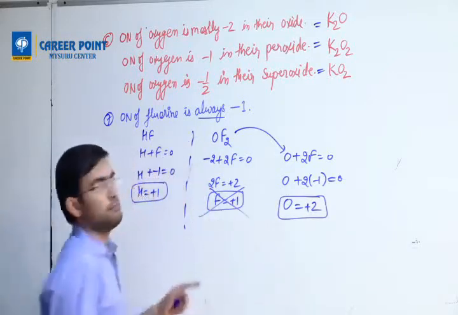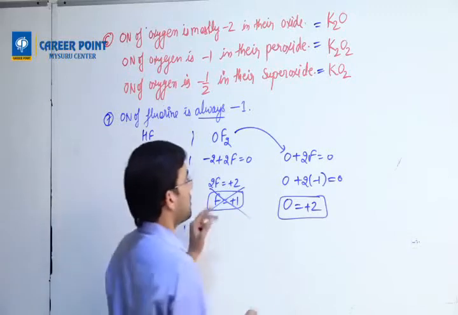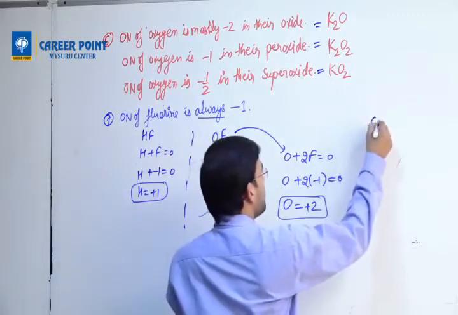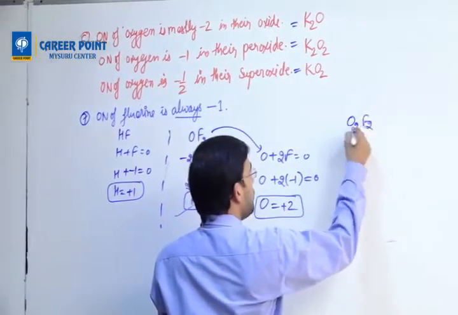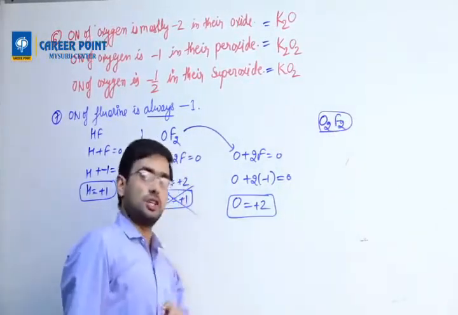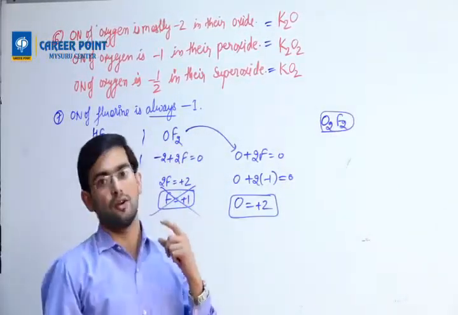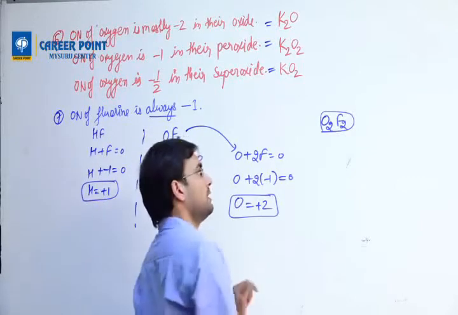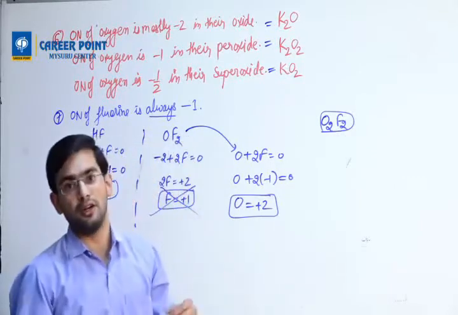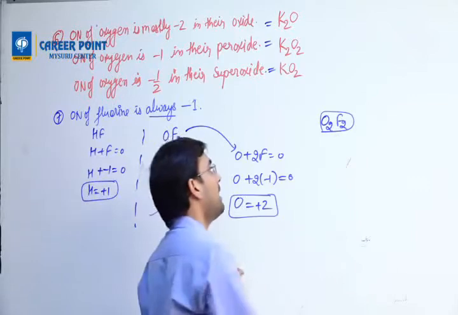There are two compounds of oxygen. One is OF2, another compound is O2F2, in which oxygen gets positive oxidation number. The reason is that it is bonded with the most electronegative atom, which is fluorine.